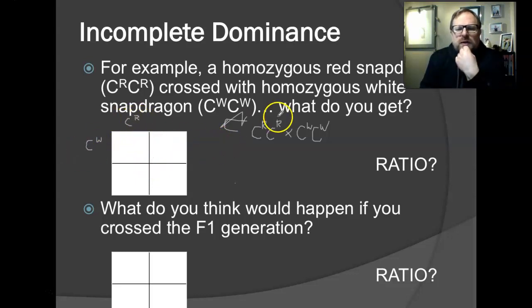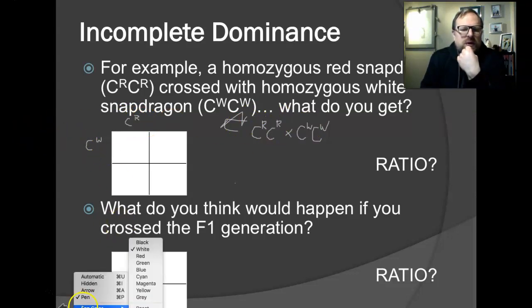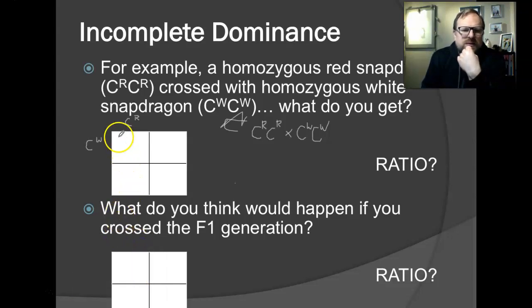We have a CR allele coming from this individual and a CW allele coming from this individual. And so what this allows us to do then is determine what our genotypes are going to be for the offspring of this cross. And you'll see that all of the offspring are going to come out to be CRCW.